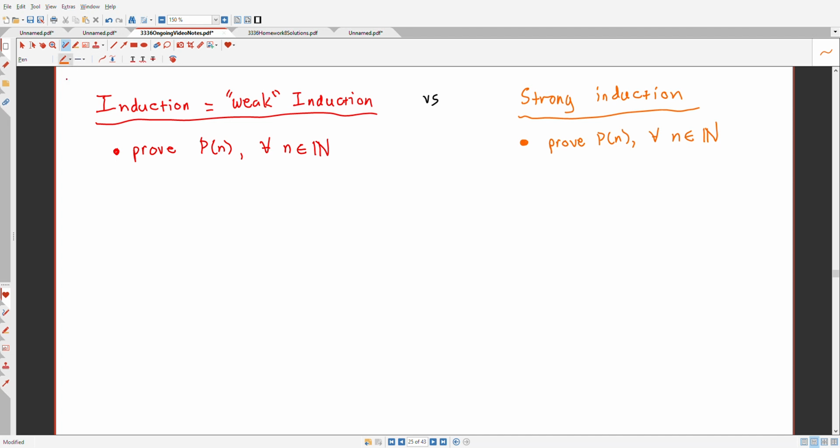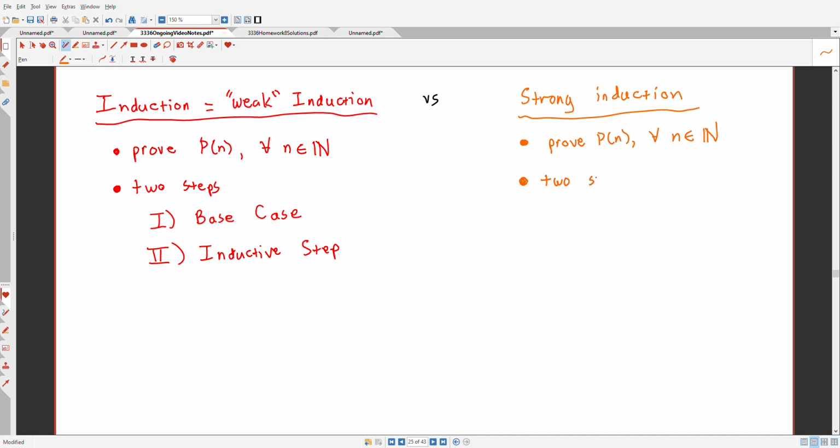Okay, so regular or weak induction has two steps, and the first step is the base case, and the second step is what we call our inductive step. And this is pretty much identical for strong induction.